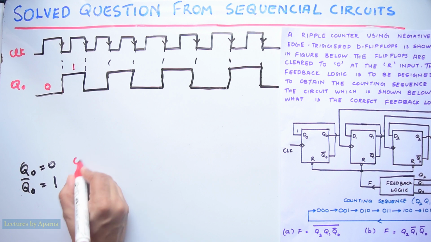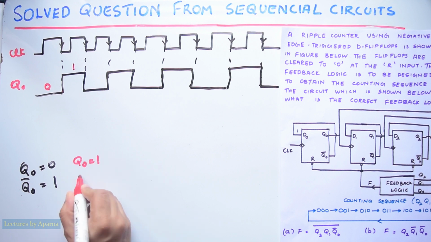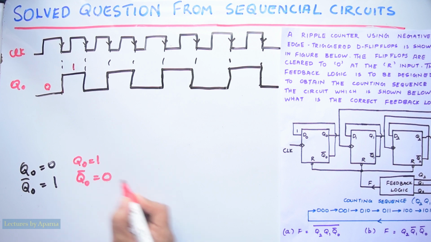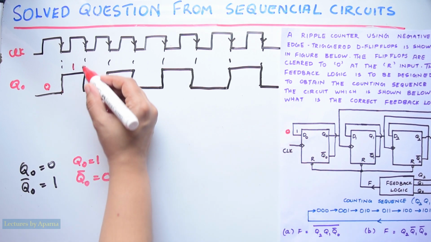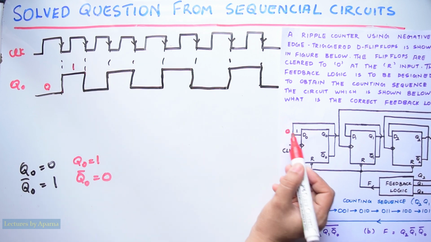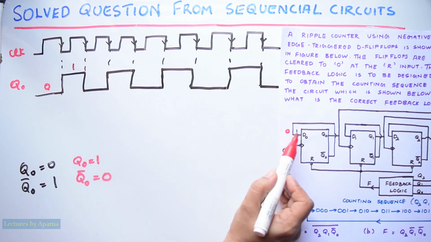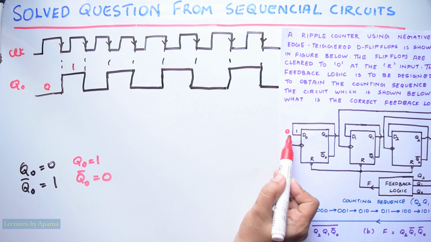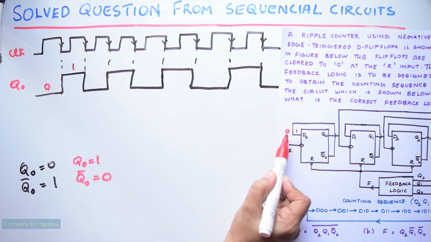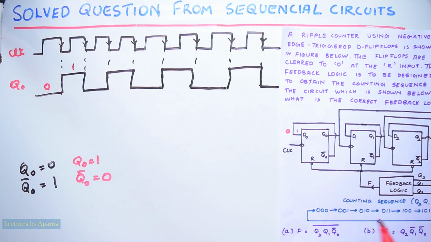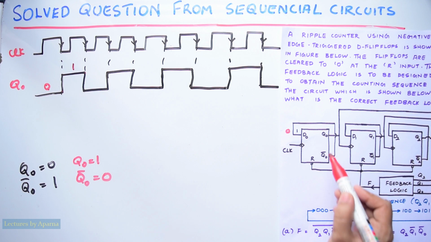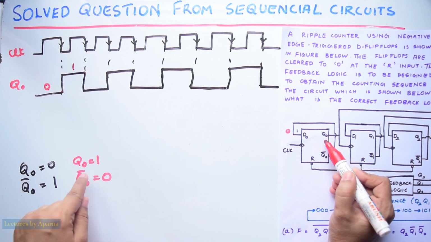Now Q0 is 1, so Q0 bar is 0. So this 0 will be present here. When the next negative edge comes, it will change its state from 1 to 0 because the input present here is 0 from Q0 bar. Now Q0 bar is 1 again... during the next negative edge, the output is Q0.